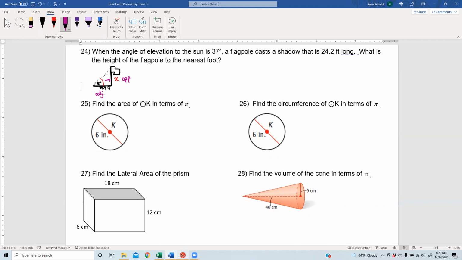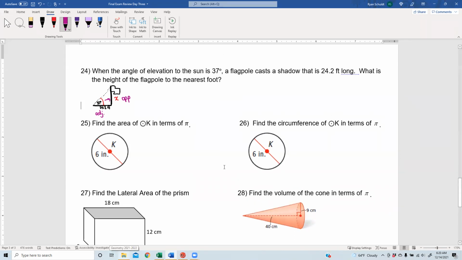So if we think to our trig ratios, let's remind ourselves of what they are, even though for the past 2 days we've been using the same one. The sine of an angle is opposite over hypotenuse.